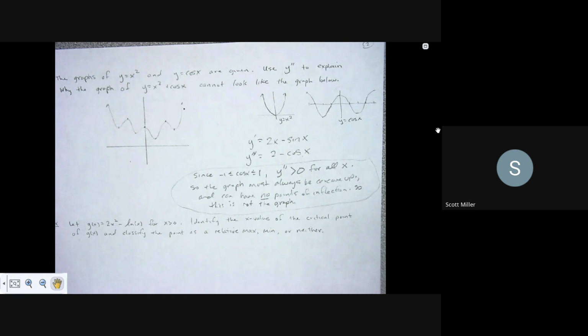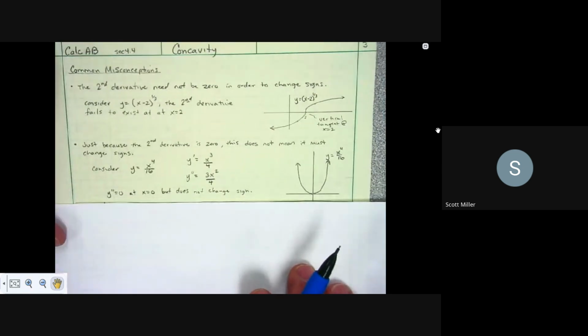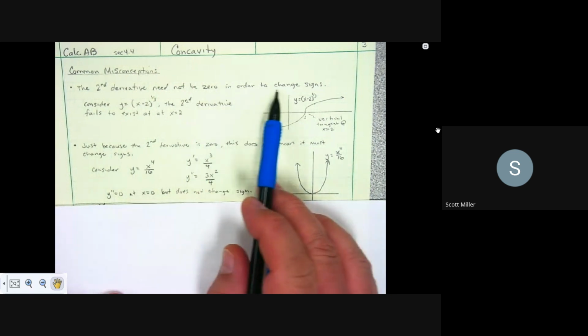So let's take a look at some other things before we go to the next example. Some misconceptions that people have. The second derivative need not be 0 in order to change signs. So here's an example.